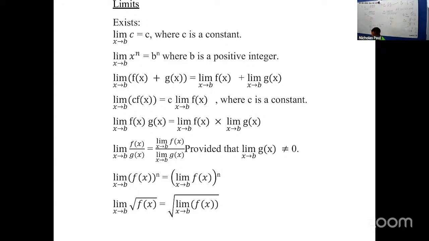If it's 3 times, you find the limit by itself 3 times. So you can pull the 3 to the outside of the whole limit. And lastly, if it's a square root, same thing. You can pull the square root to the outside. That's okay?